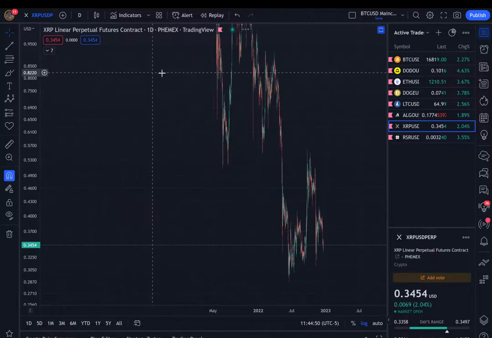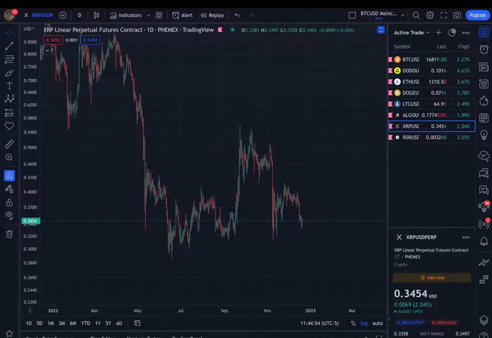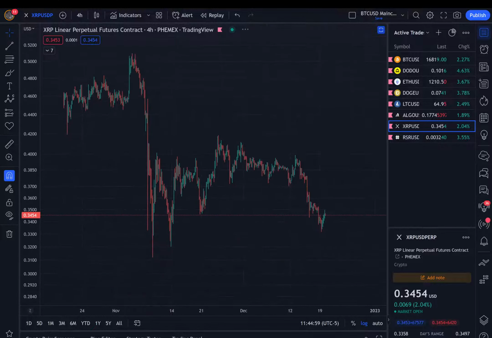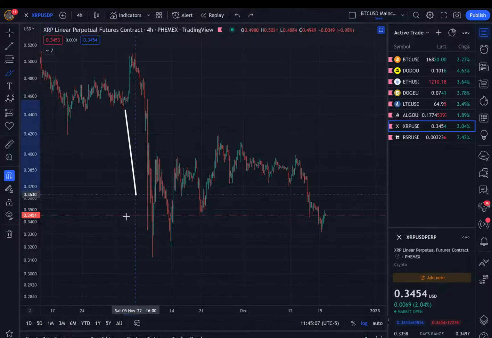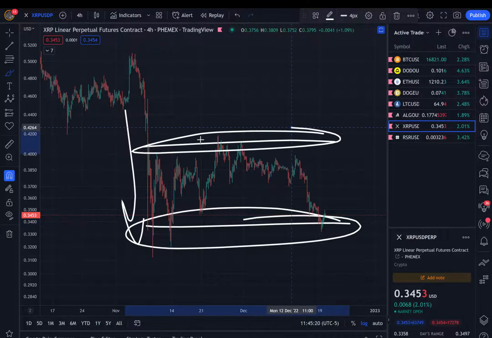Okay, XRP. Let's go on the 4-hourly time frame. Again, counting from the end of the FTX debacle, drawdown, accumulation of that drawdown. You draw a simple range. The range bottom, range top, right?